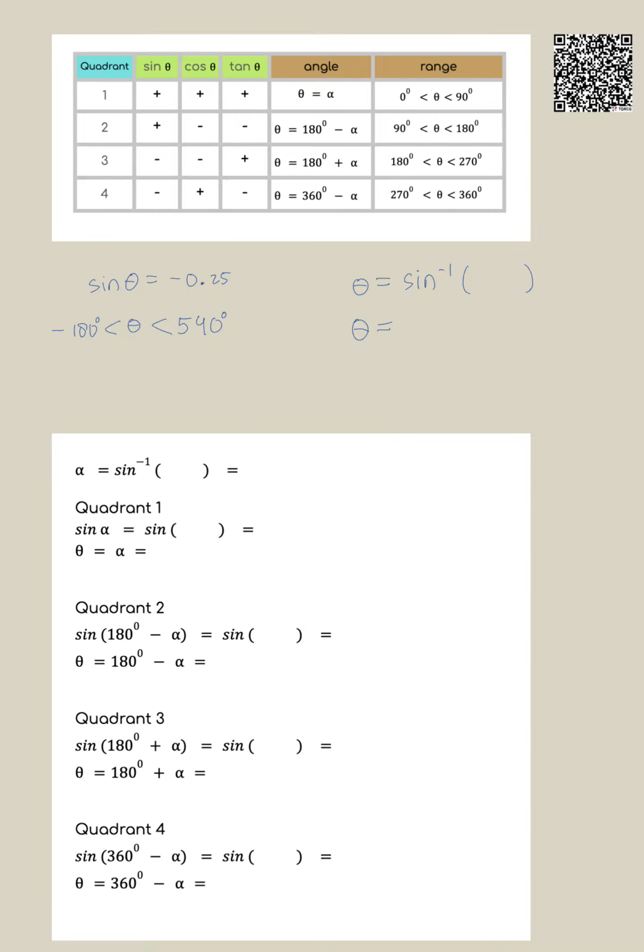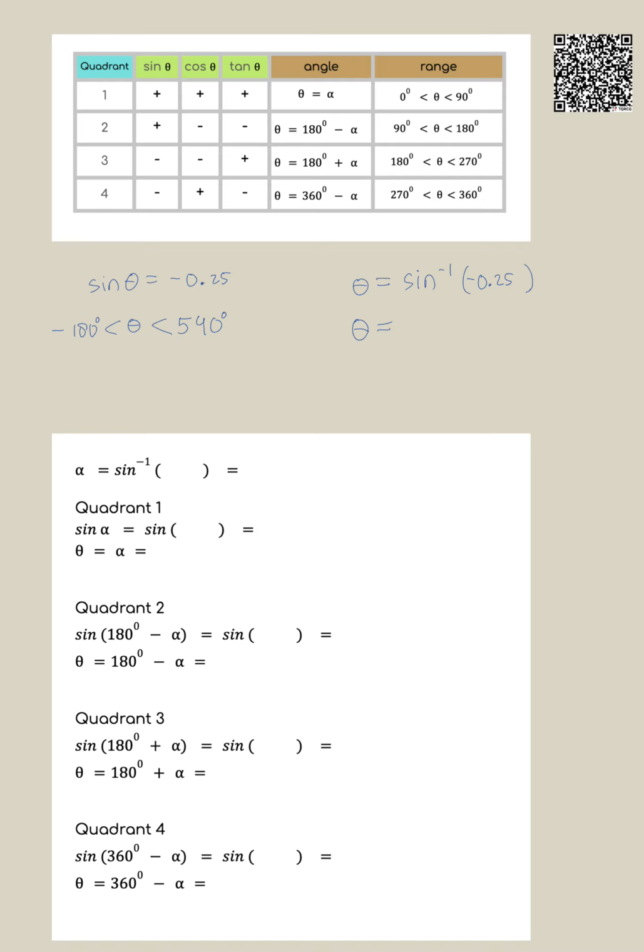Okay, not too bad. It looks simple enough. The obvious way to do it is by doing inverse sine. If sine theta is negative 0.25, theta will be sine inverse of negative 0.25.